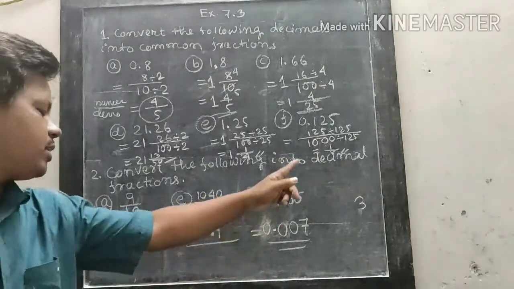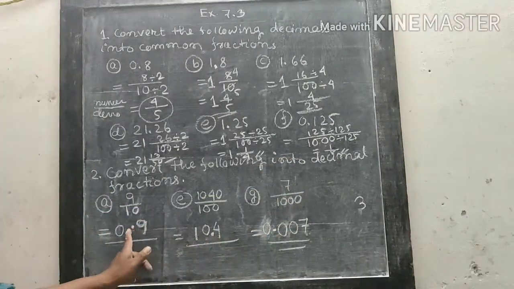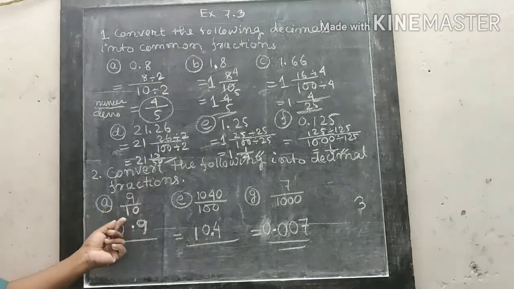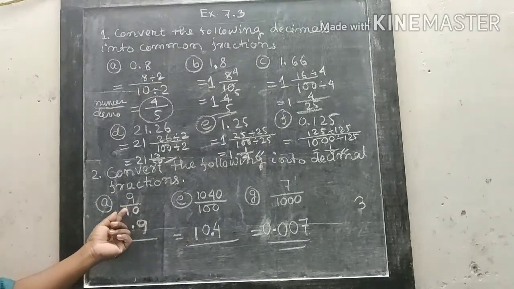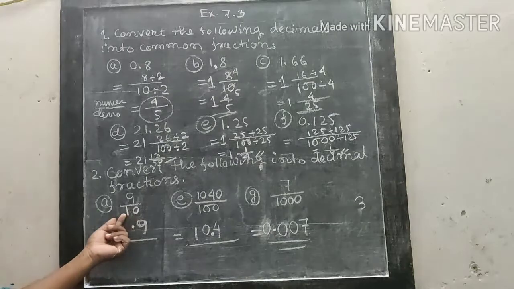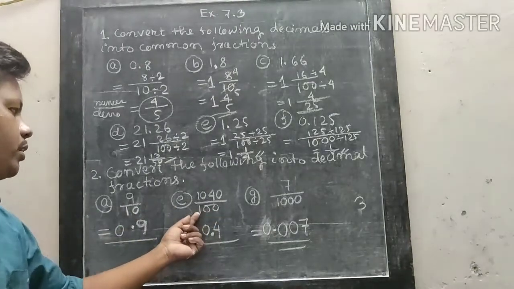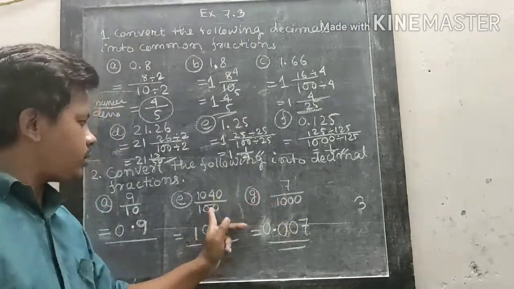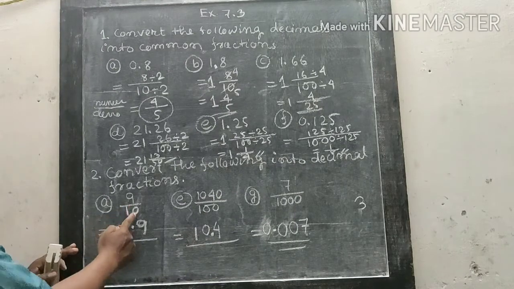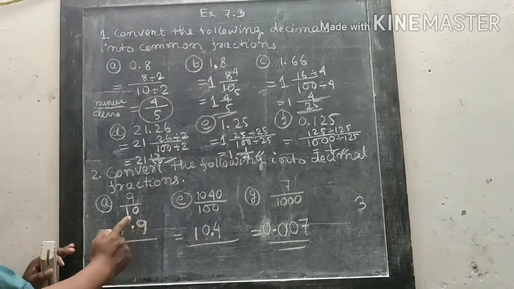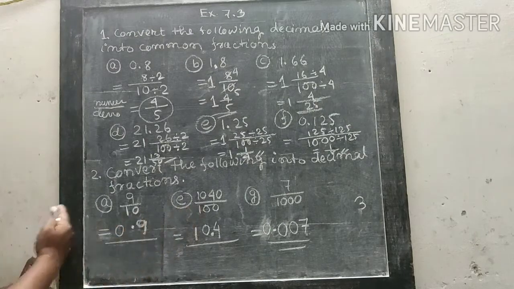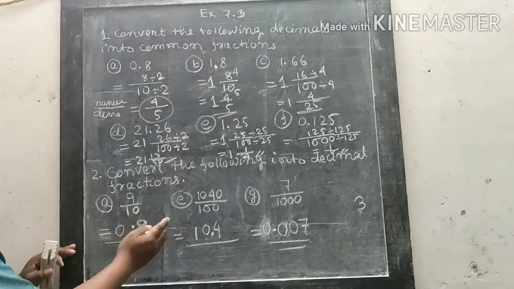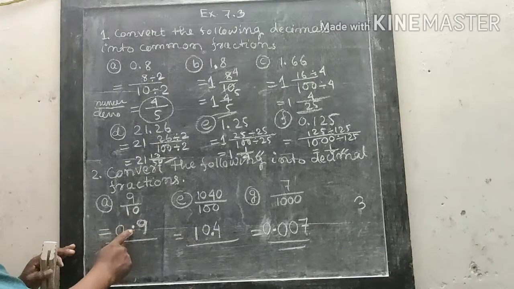So in conclusion, if in a fraction the denominator is 1 with 0, 1 with 00, 1 with 000, then we count the number of zeros and put the point from the extreme right.